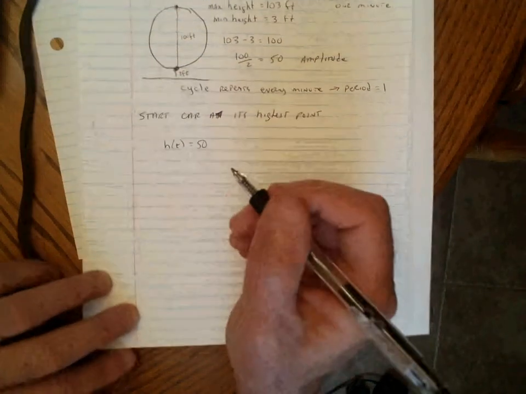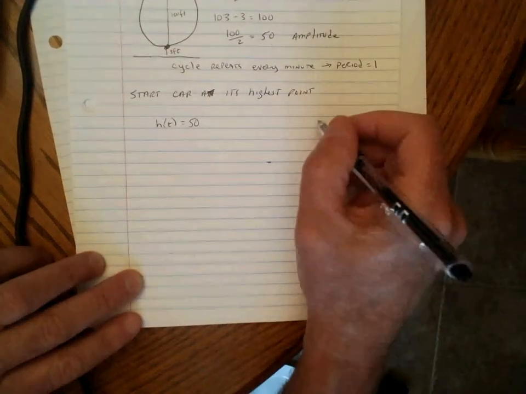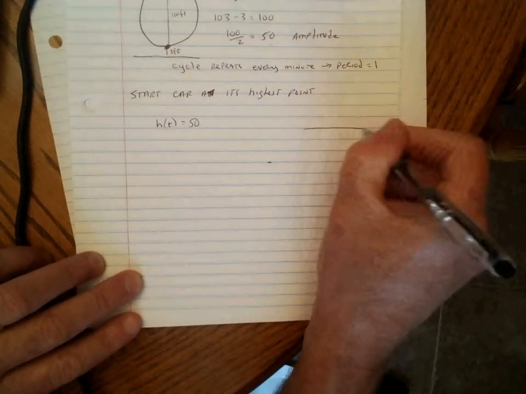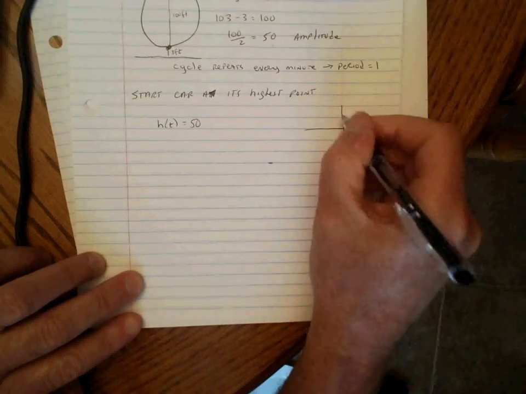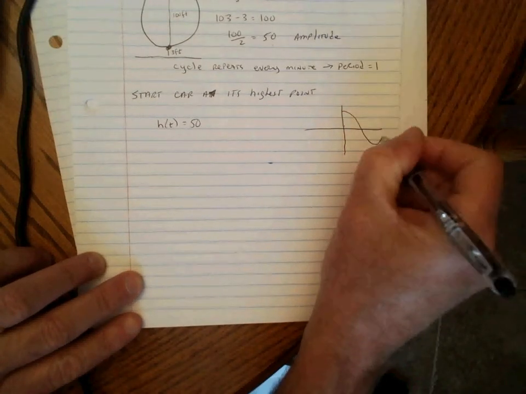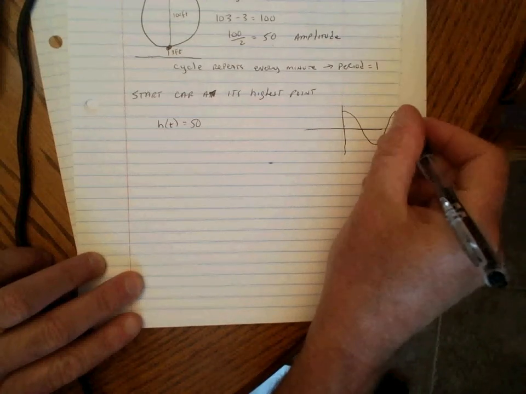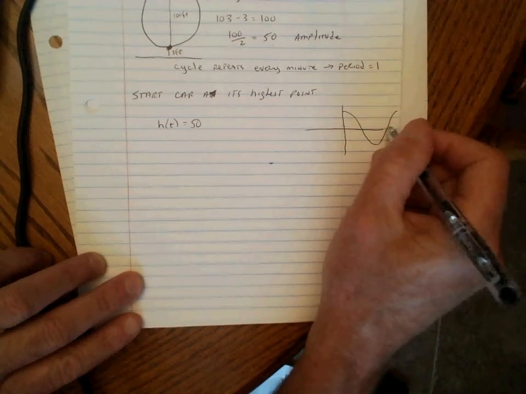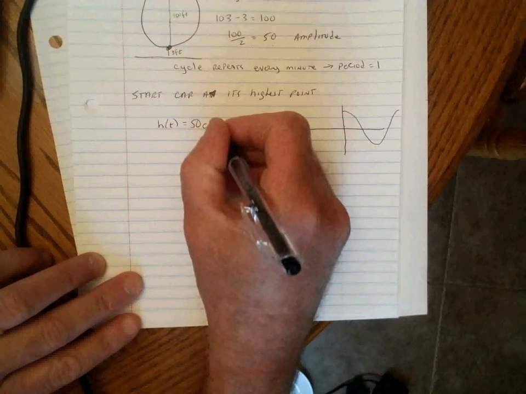We have to decide if we want the sine or the cosine to model this. If we start at the highest point when time is 0, and go to our lowest point, and start a new cycle when we get back to the highest point, this looks a lot like the cosine curve. So let's use cosine.